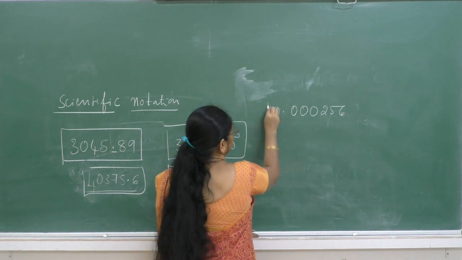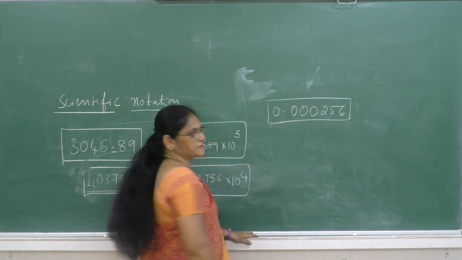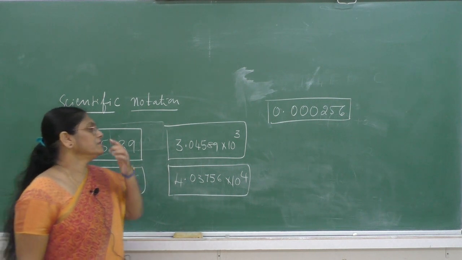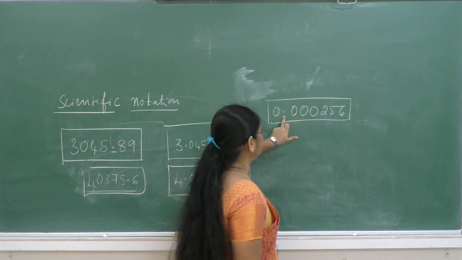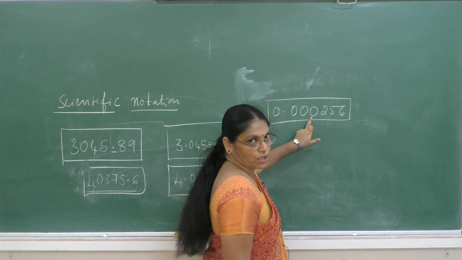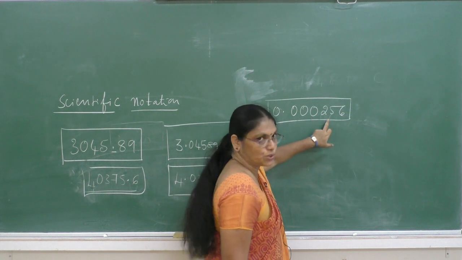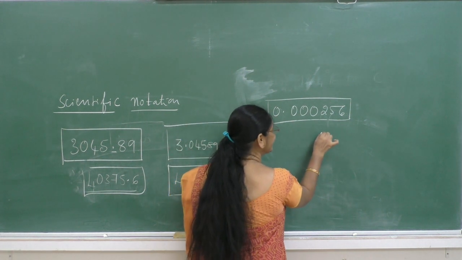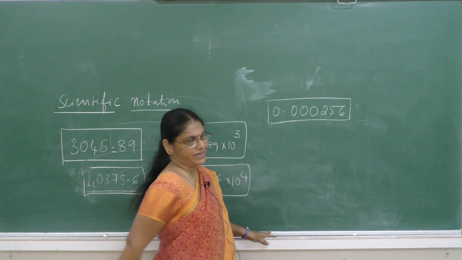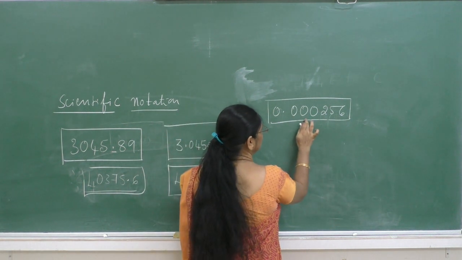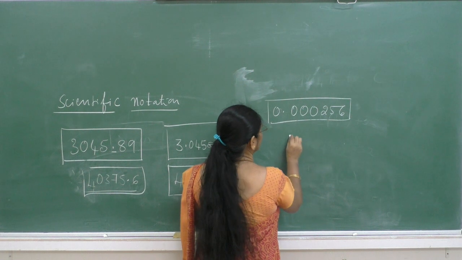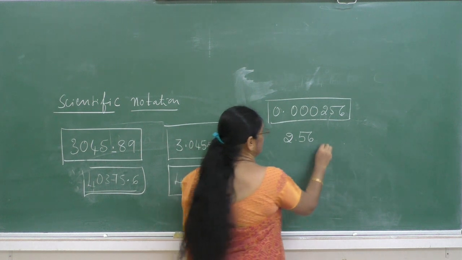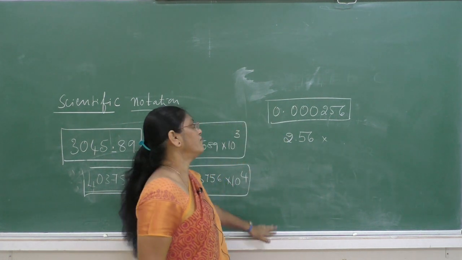So if the number is like this, 0.000256, then this number is to be expressed in terms of scientific notation. Now this decimal point is to be moved after 2. So how many digits is this decimal point moved to the right? They are 1, 2, 3, 4. So I will write 2.56 into what is the exponent of 10.